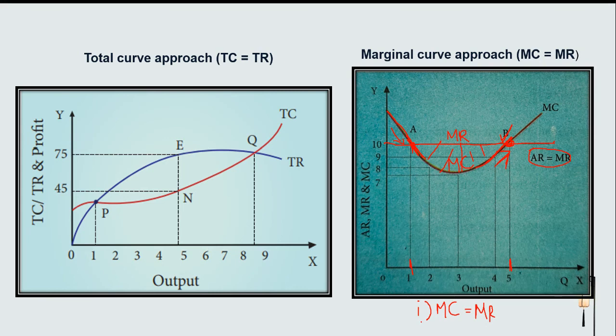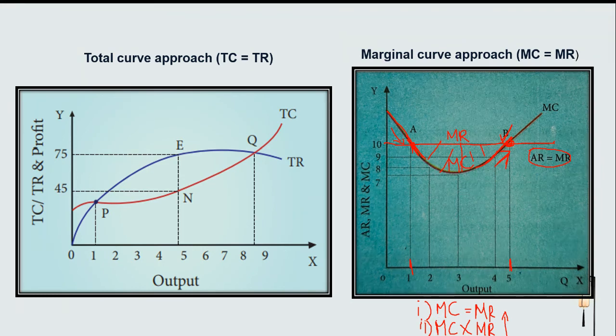Second point is the MC curve cuts the MR curve. From where does it cut? From below. That is the second condition. So this approach is called the marginal curve approach.